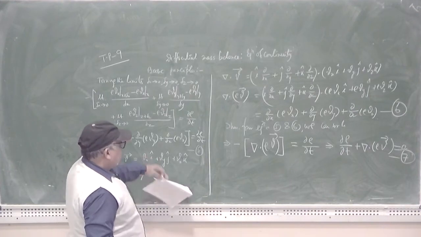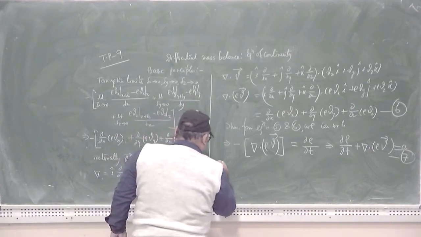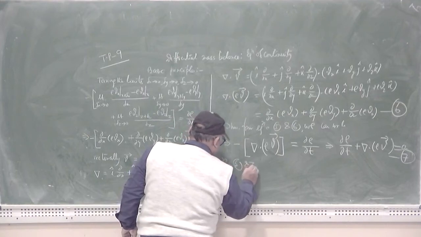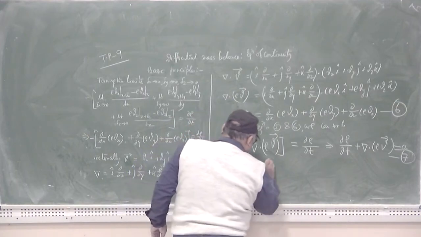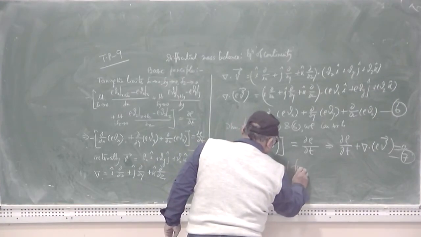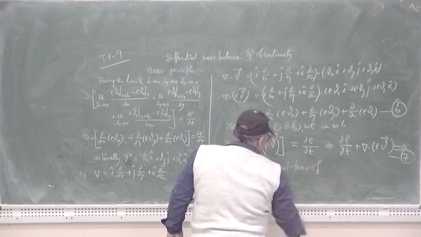So equations 5 and 7 are the general forms of the equation of continuity.